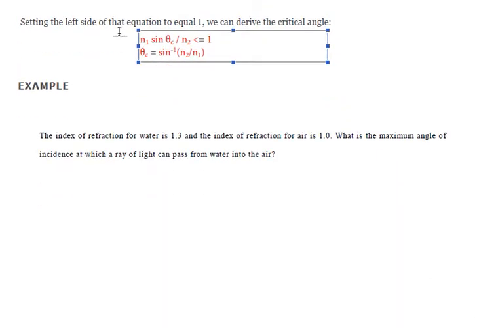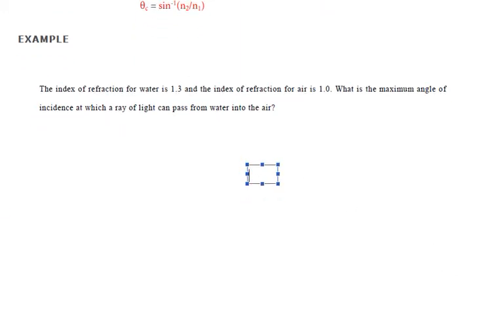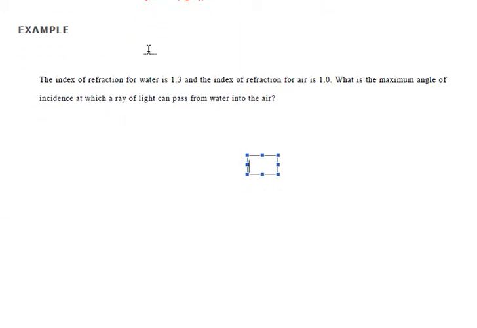Alright, so let's try it out in an example. Index of refraction for water is 1.3, and for air, it's essentially 1.0. What is the maximum angle of incidence at which a ray of light can pass from water into air?